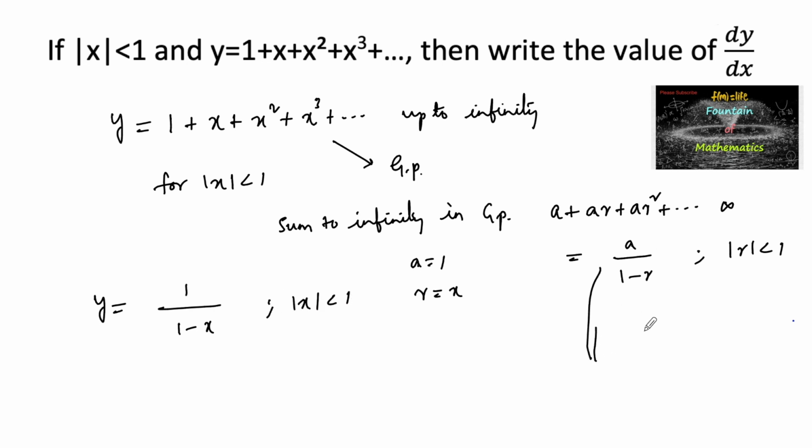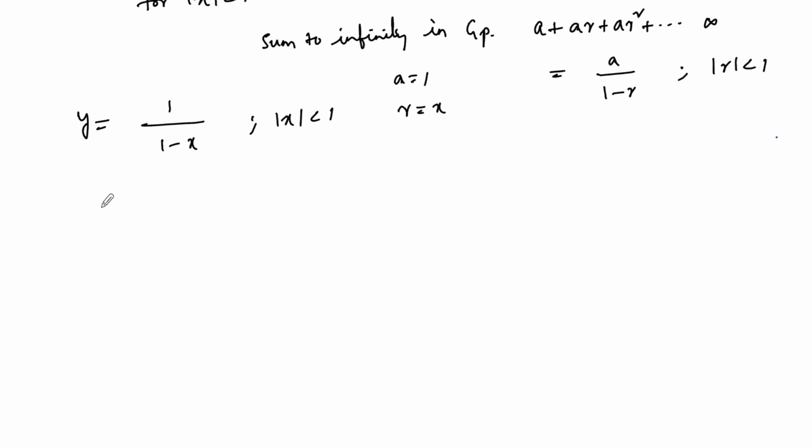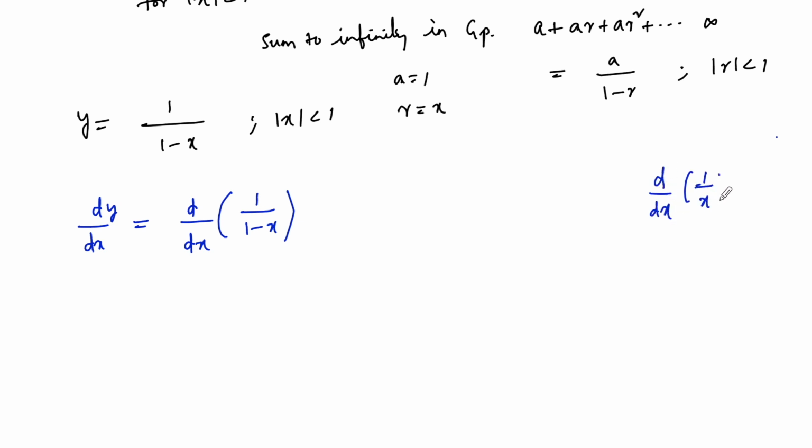And now let us find the differentiation. dy by dx is equal to d by dx of 1 upon 1 minus x. Since we know d by dx of 1 upon x is equal to minus 1 by x square, so we can write minus 1 upon 1 minus x whole square into, by applying the chain rule, d by dx of again 1 minus x.